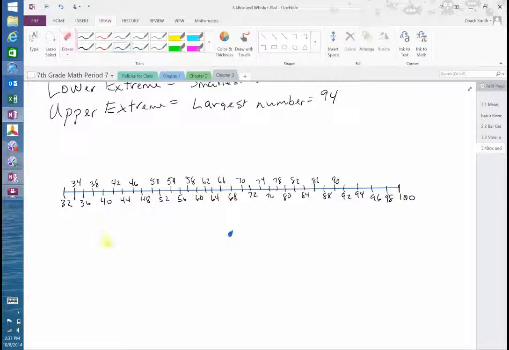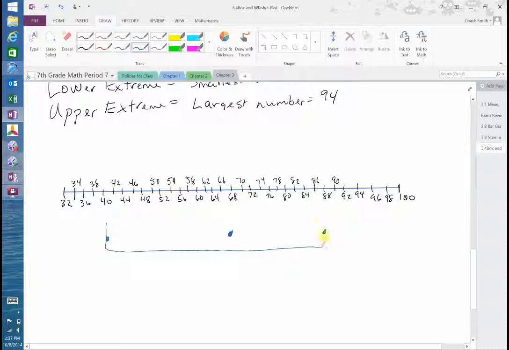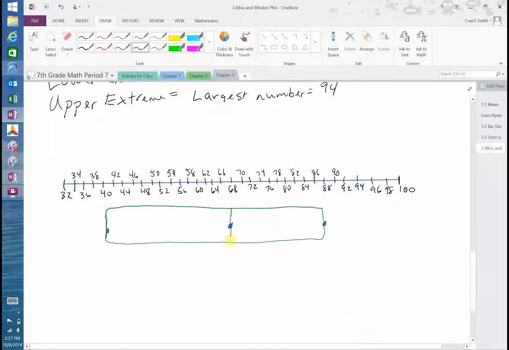Okay? So I'm going to put a dot right under where 41 would be. What was the upper quartile? Quade. 88. So I'm going to put a dot right there where the 88 is. Now I'm going to draw a box around those dots. Okay? I draw a line through the middle dot.